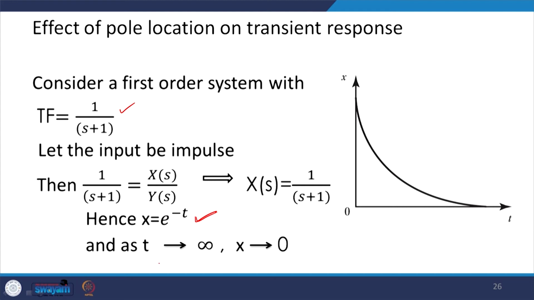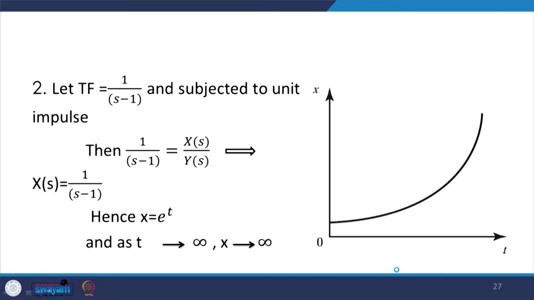What this means is that as t tends to infinity, x is going to be 0. You see that this is s equal to minus 1 basically, so the root, or the pole, is in the left half of the s plane.